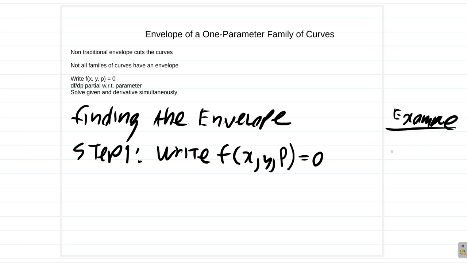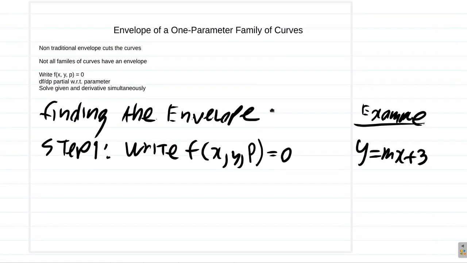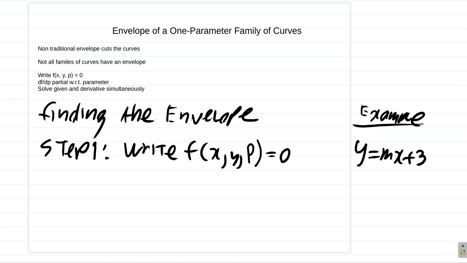Just to show what's going on, an example, suppose you have y is equal to mx plus 3. What you do is make the variables, the parameter, and any constant all together on one side, then you say equal and 0 alone on the other side. So this becomes mx plus 3 minus y equals 0. So that's step 1.